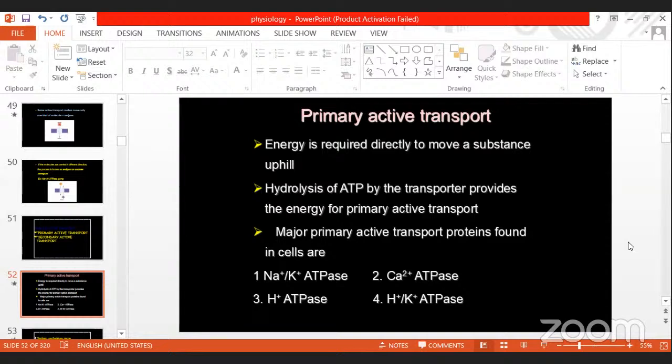The major primary active transport pumps are sodium potassium ATPase, calcium ATPase, hydrogen ATPase, and hydrogen potassium ATPase.